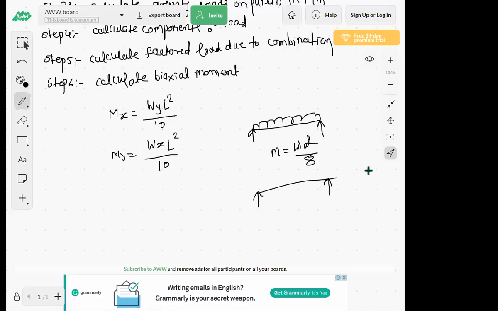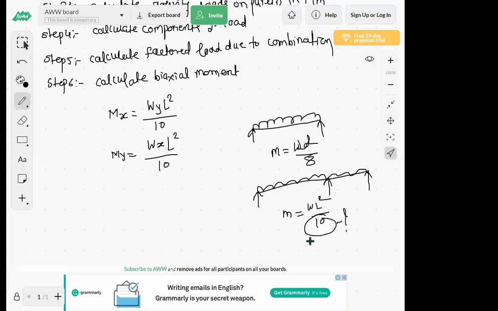here the purlin is a continuous beam. When a simply supported beam is subjected to UDL, the bending moment is WL square by 8, but the purlin is a continuous member. So when we are calculating bending moment for this continuous member, M is equal to WL square by 10. So this is very important here.